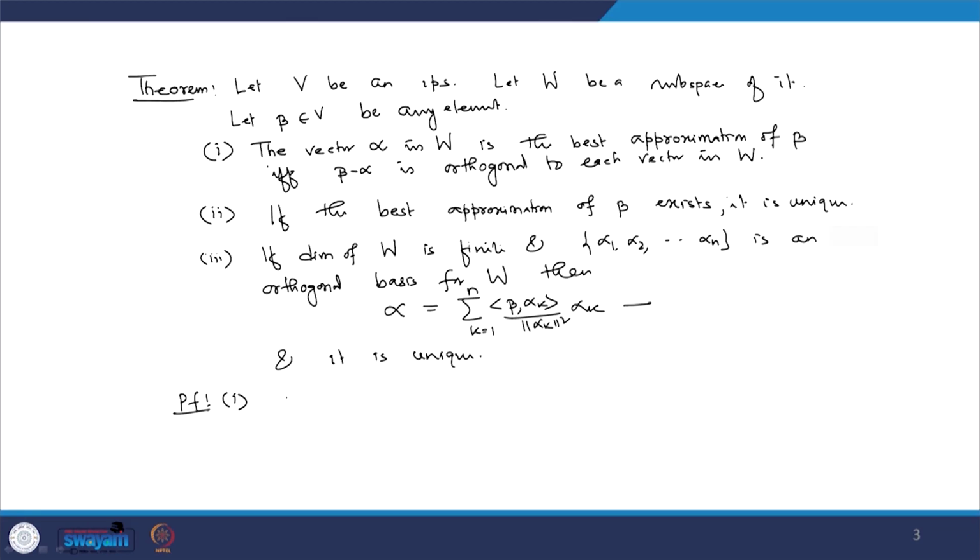So, we know if alpha is the best approximation to beta, it implies norm of beta minus alpha has to be less than or equal to norm of beta minus gamma for any gamma belonging to W, please.